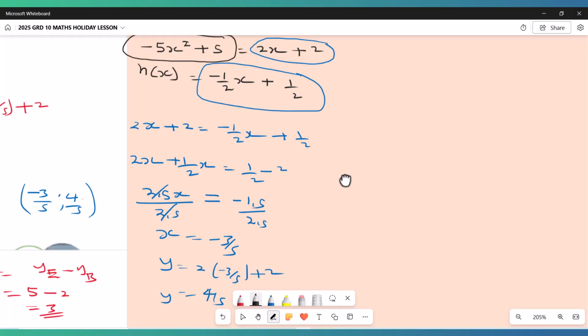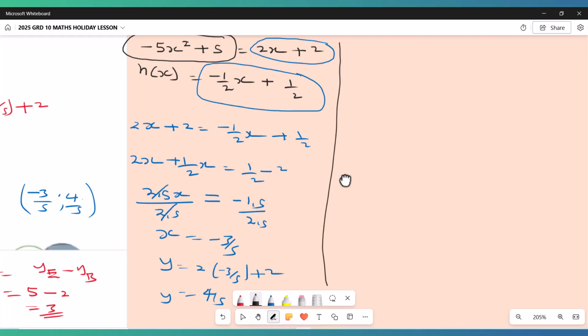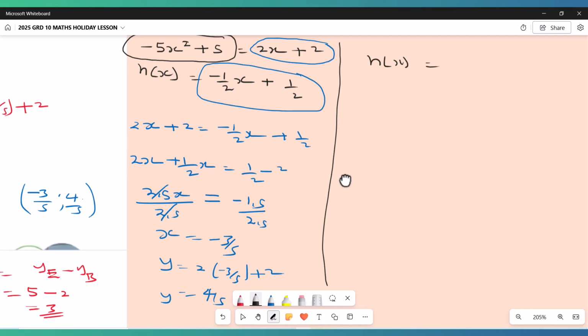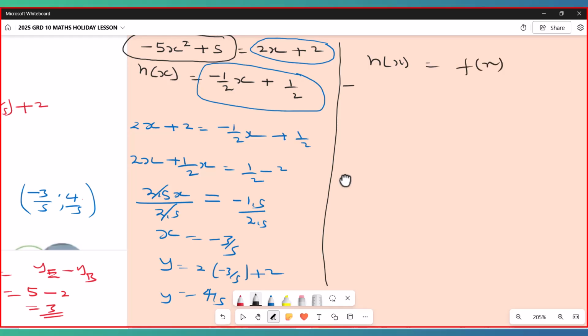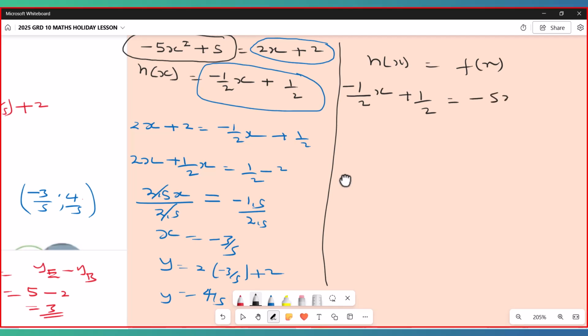So I'm going to say that my h of x equals the parabola, which is f of x. So negative 1 over 2x, then plus 1 over 2 equals negative 5x squared, and then plus 5.